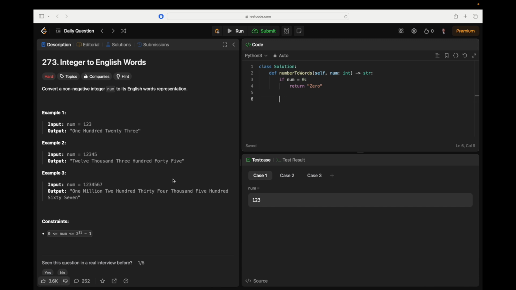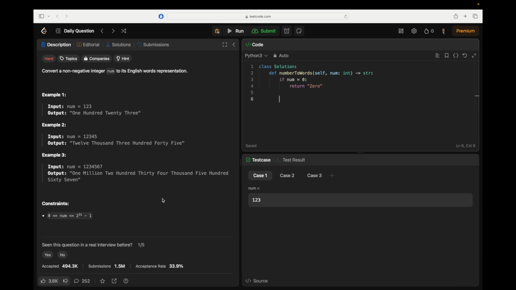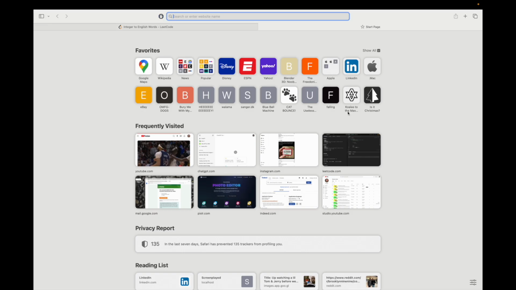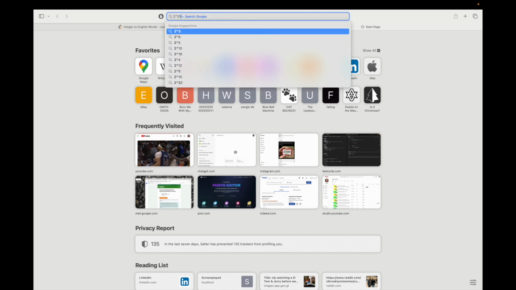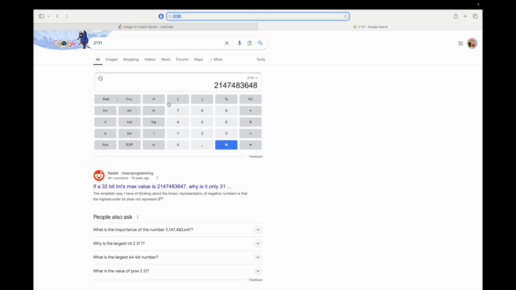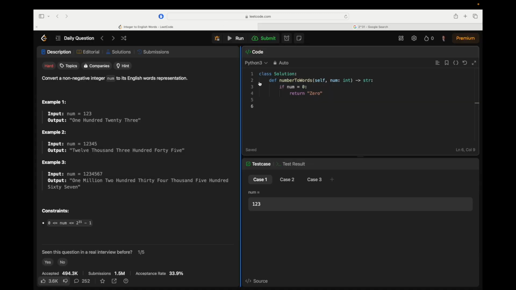But if you work forwards, then you have to figure out how big the number is. And see, well, it goes up to 2^31. What's 2^31 again? Million, 10 million, 100 million, billion. Okay, so the highest we're going to need to go is a billion.